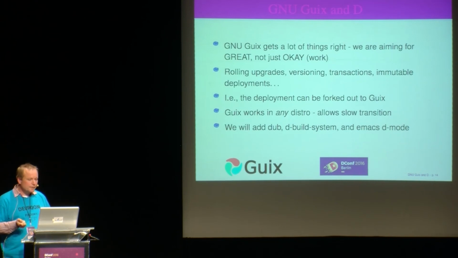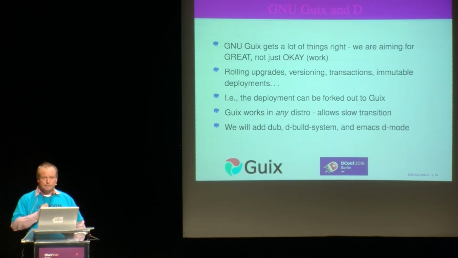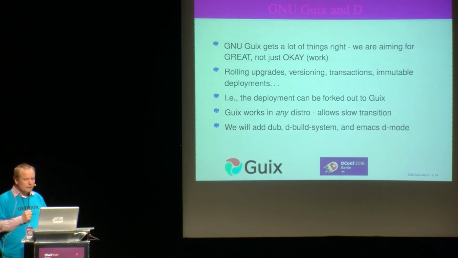Guix has rolling upgrades, versioning of packages, transactions, so if a package or a dependency doesn't completely install, you can just roll it back. Think about it. The deployments are immutable. They're all read-only. Which means that the question of how you deploy software can actually be forked out to Guix. You don't have to solve it all, right?